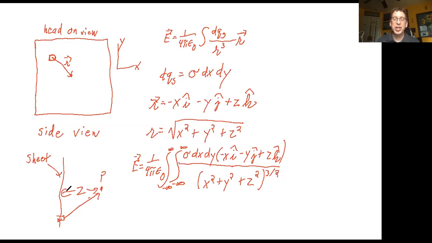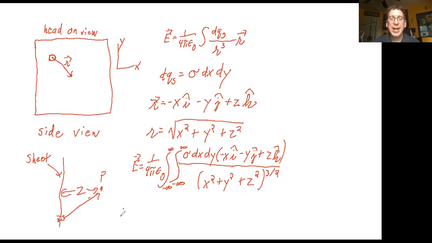But in the z direction, they're all going to point out of the surface towards point P. So we could do the integrals for x and y, but they go to 0. If you want to do that as an exercise on your own, you can. But it's not going to change your results at all, actually.